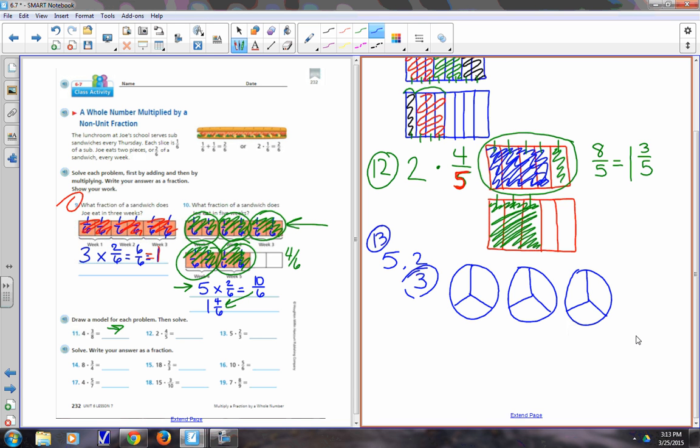Here's thirds. So I need 2/3 5 times. So here's 2/3. That's once. 1/3, 2/3. That's 2 times. 1/3, 2/3. That's 3 times. Oh, but I need 5, so I need another circle here.